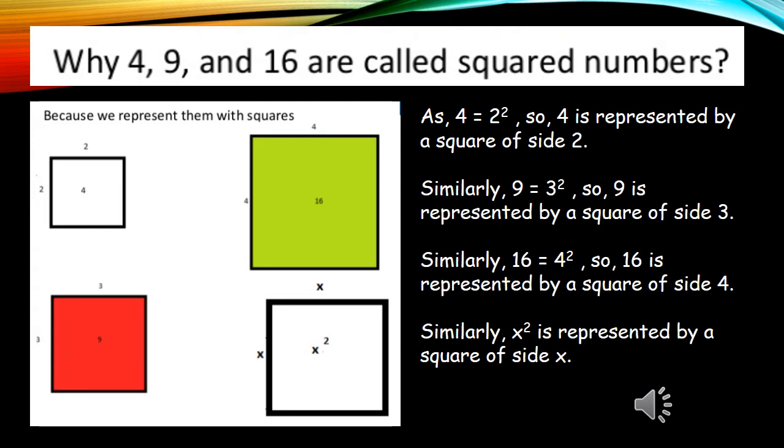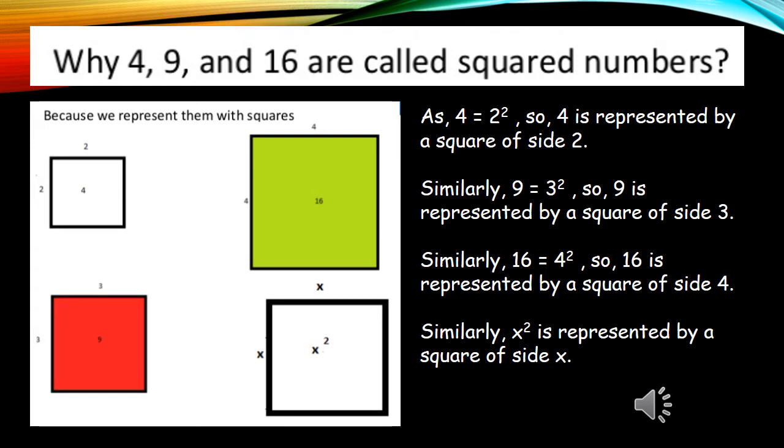For example, 4 is equal to 2 square, that means 2 into 2. So we can say that 4 is geometrically represented by a square having each side equal to 2. Similarly, 9 is equal to 3 square, so 9 is represented by a square of side 3. 16 is represented by a square of side 4, 25 is represented by a square of side 5, and so on.